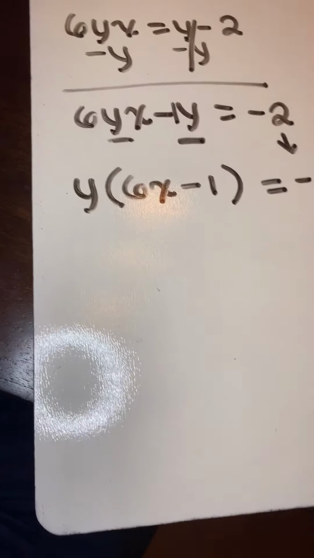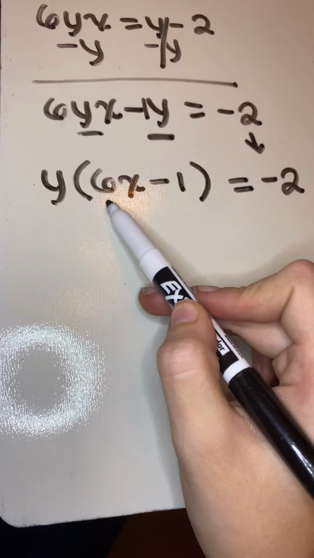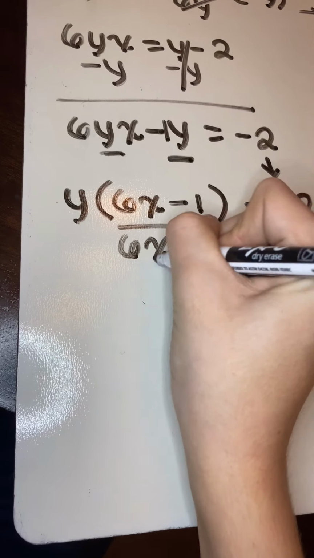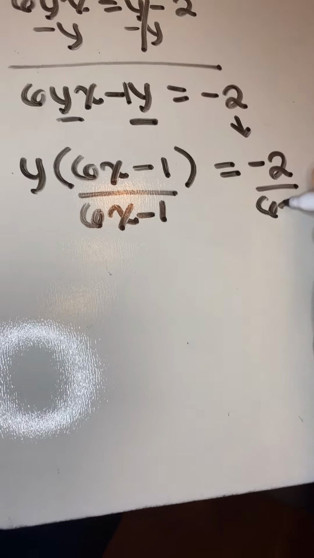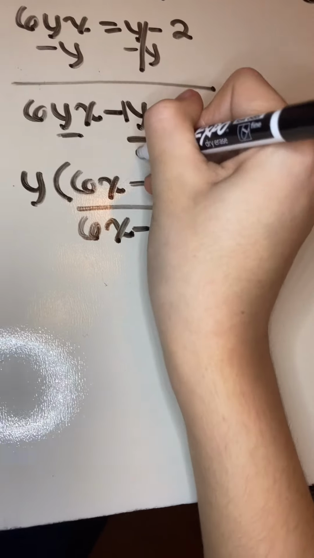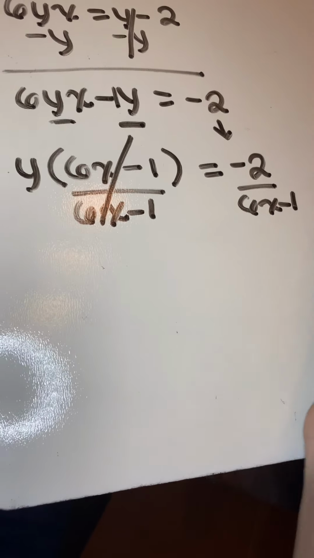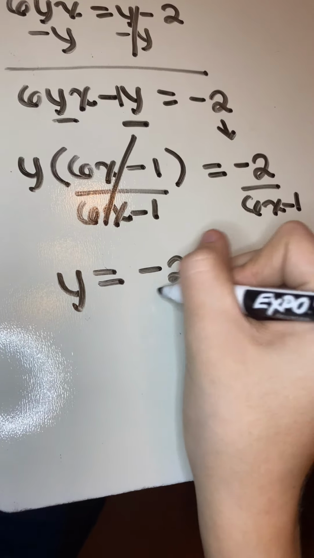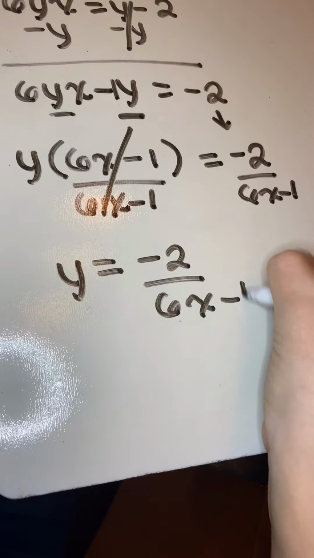So in order to get rid of this, you have to divide on both sides by 6x minus 1. These cancel out. You are left with y equals negative 2 over 6x minus 1.